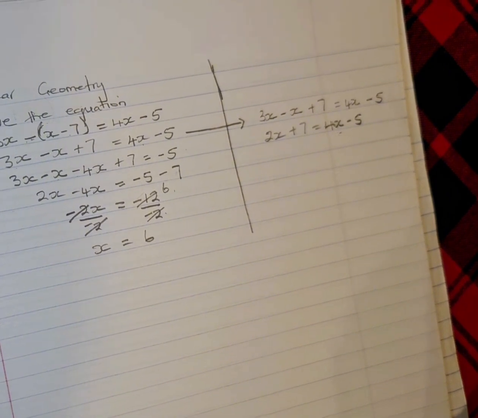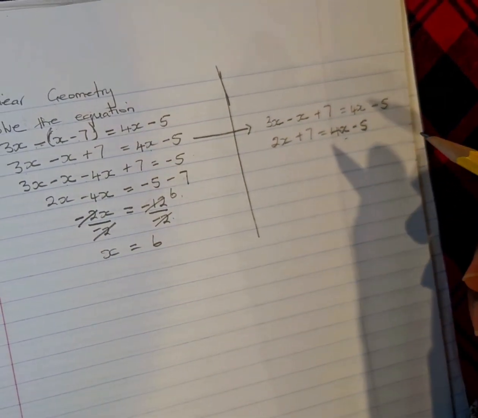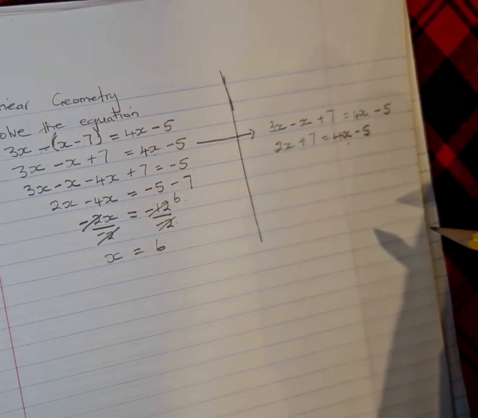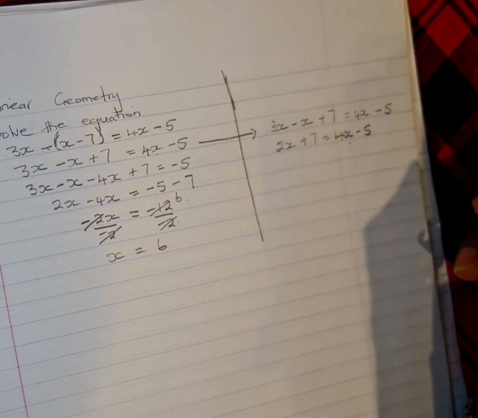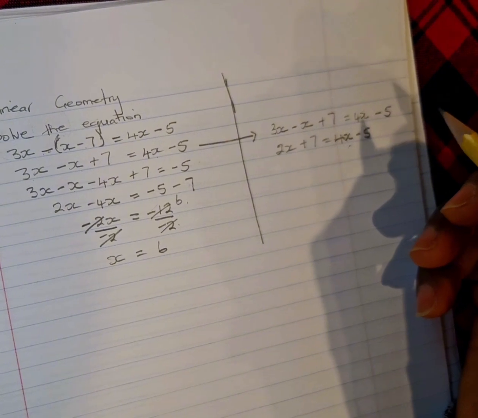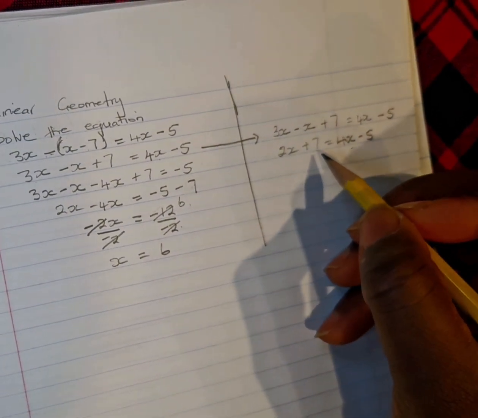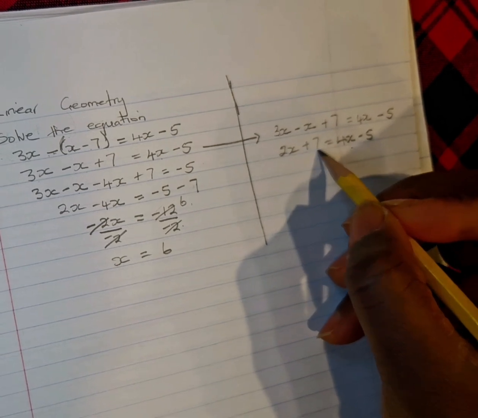Okay. To other people, the easiest way to solve this, when I say crossing the equal sign, it is confusing to some people. So to other people, there is a 7 here.